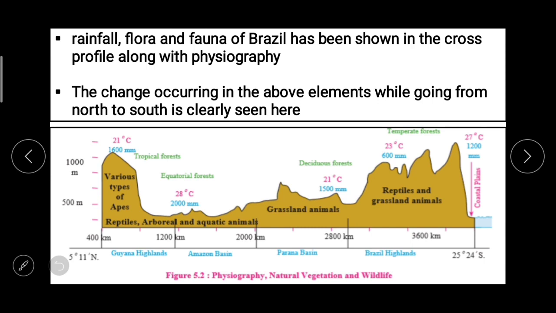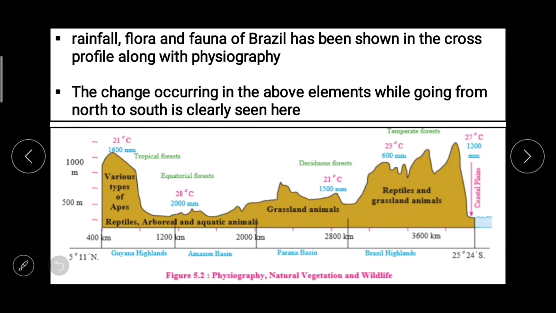So in figure 5.2, rainfall, flora and fauna of Brazil has been shown in the cross profile along with physiography, and the change occurring in the above elements while going from north to south is clearly seen here.